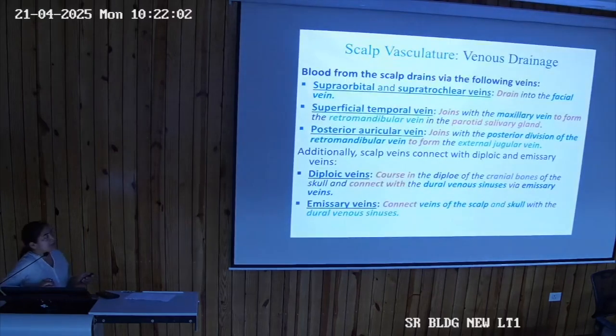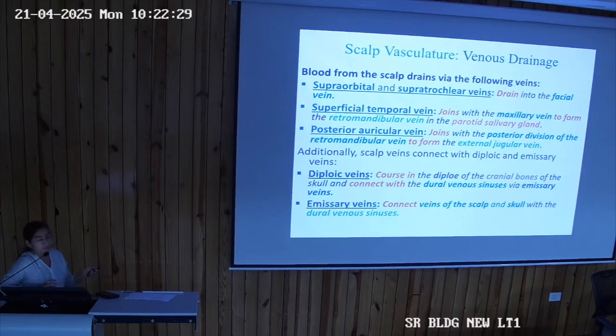Next, coming to the venous drainage. As there were supraorbital arteries, there are supraorbital veins. There's the supratrochlear artery, and again there is a supratrochlear vein. Both these veins, supraorbital and supratrochlear, drain into the facial vein, or by the joining of these two veins, they form the facial vein at the angle of the eye.